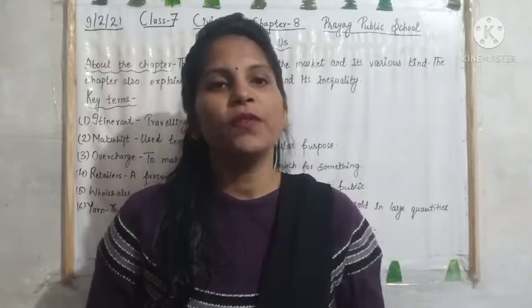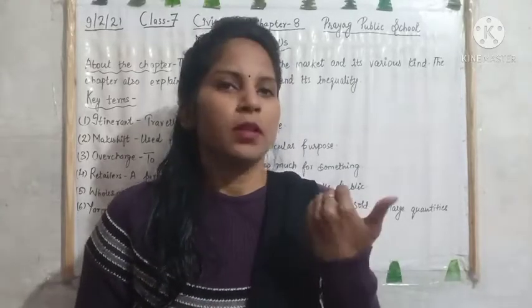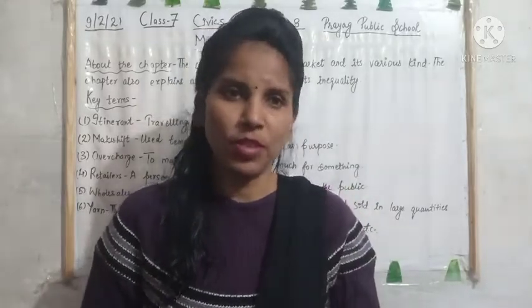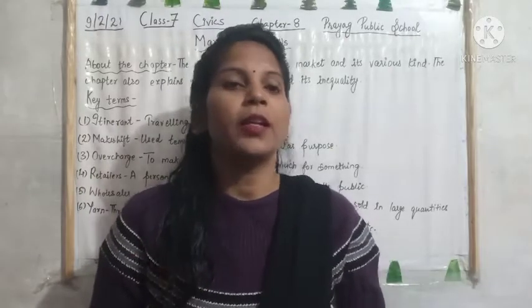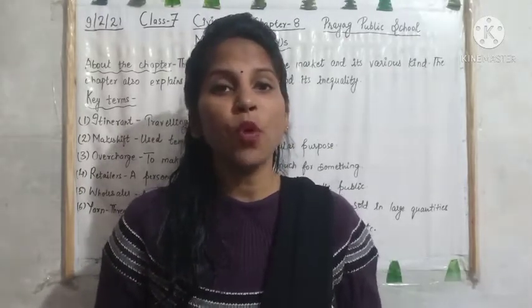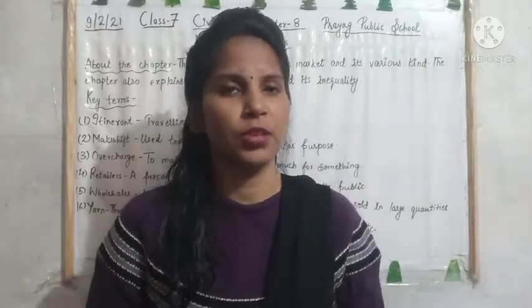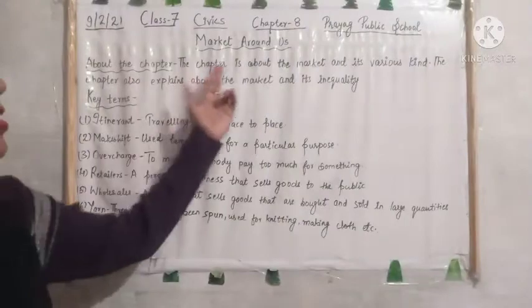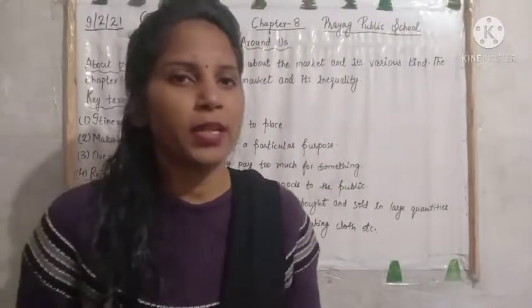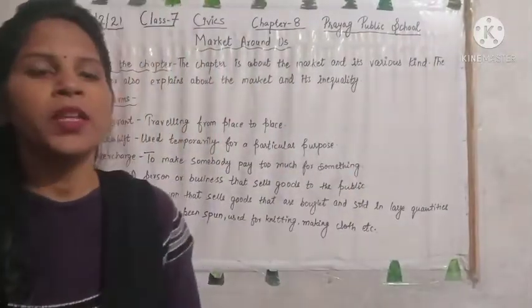So now children, we will proceed to the exercise discussion of the chapter today. Before starting, let me explain about the chapter and some important key terms. The chapter is about markets and their various kinds.